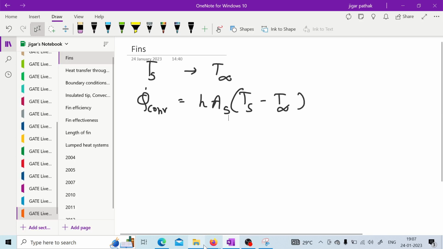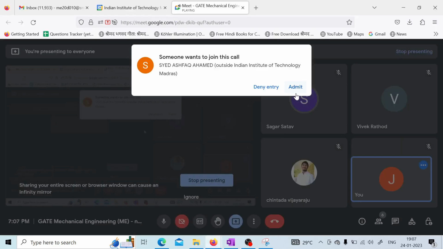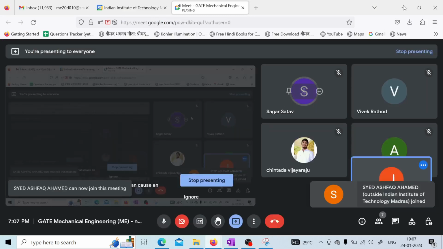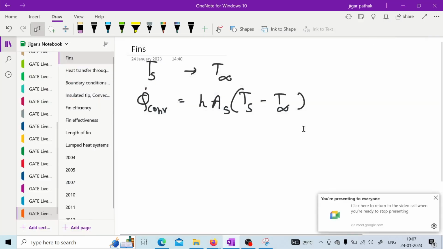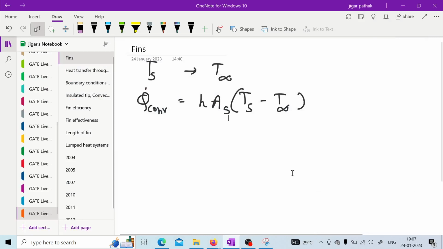Now, whenever we want to increase this heat transfer, the options with us are very limited, because this Ts and T infinity are pre-decided.